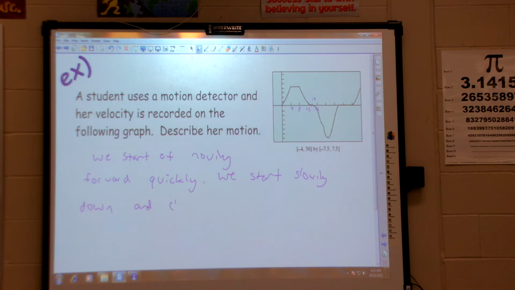And change directions when t is about 14 seconds. Does everyone agree with that statement so far? I've just described this first chunk. Okay. Then we move quickly backwards.